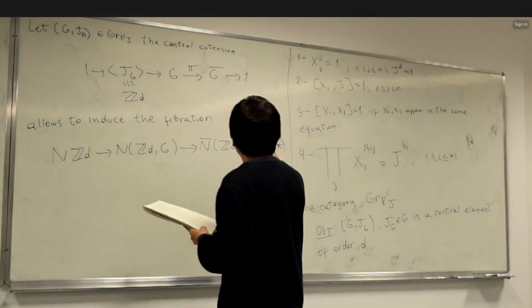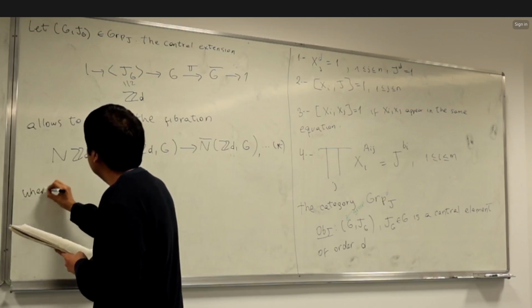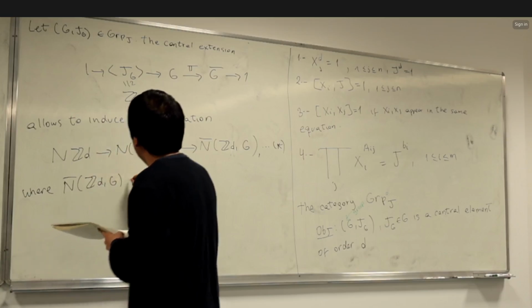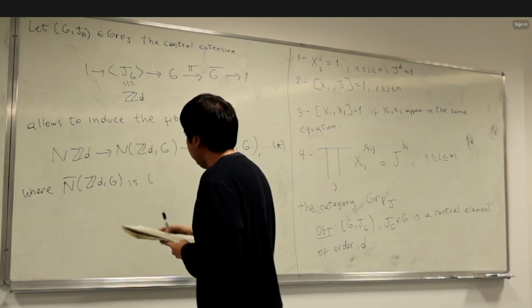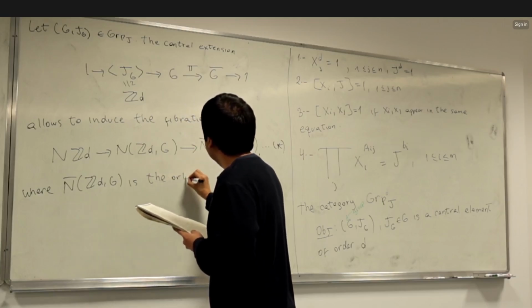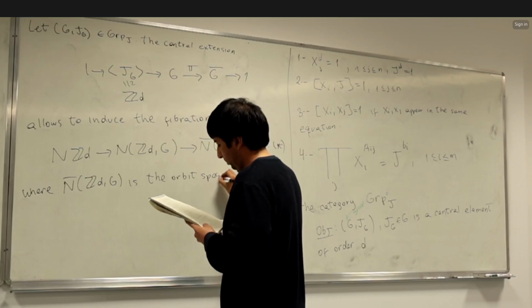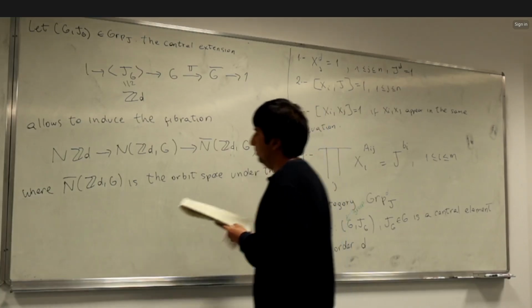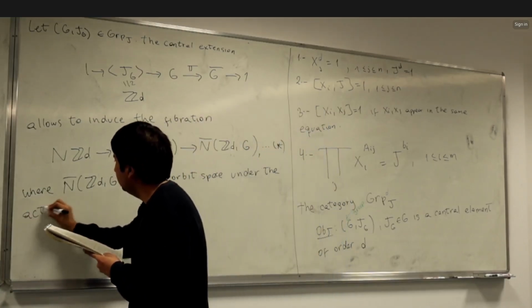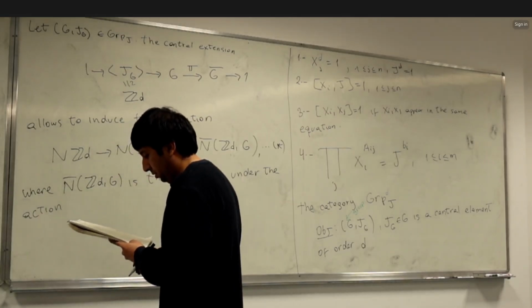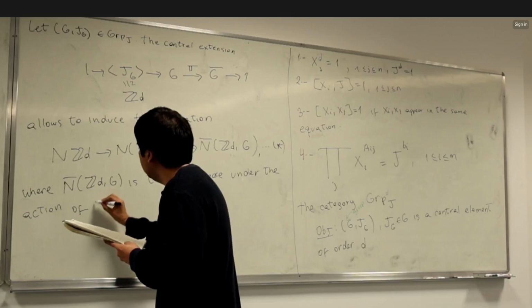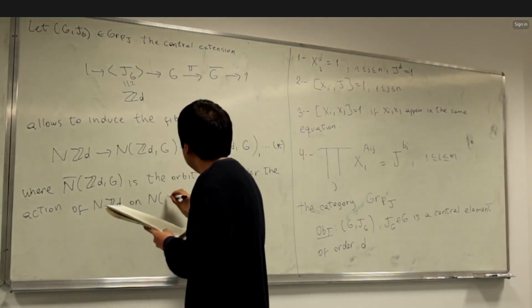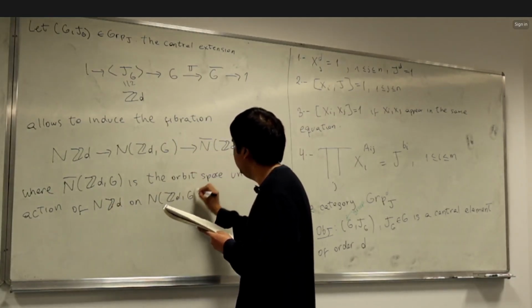Where M bar Z mod d G is the orbit space under this action of the d-torsion commutative nerve.